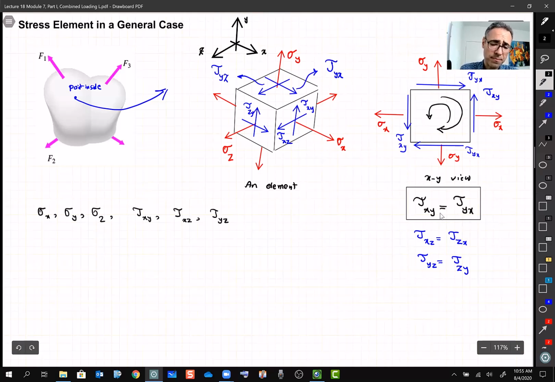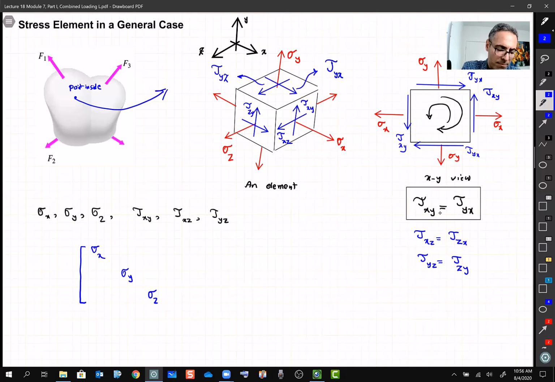All right? And normally we show all of these in a matrix form, with the diagonal being the normal stresses x, y, z, and this one becomes tau xy, this one becomes tau xz. See, the first row is all x, xy, xz. And this one is tau yz.